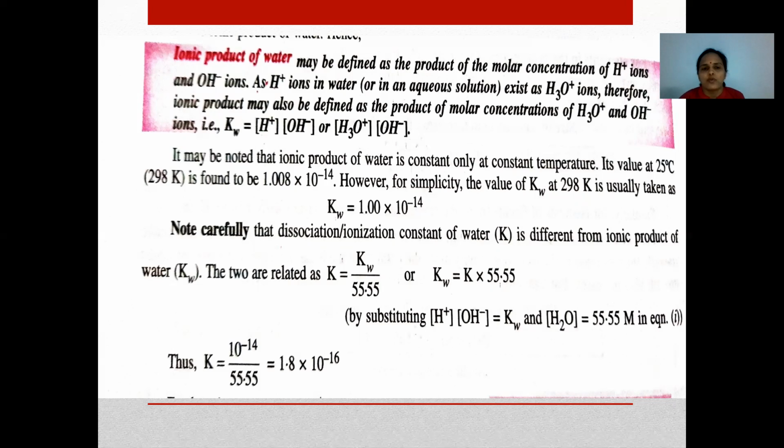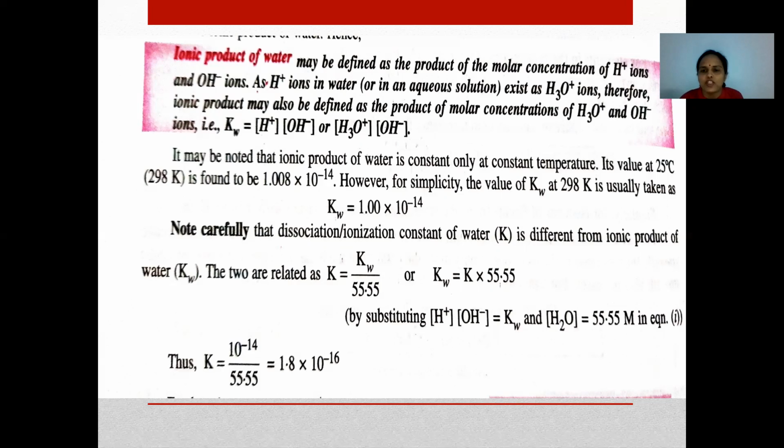It may be carefully noted that the dissociation or ionization constant of water is different from the ionic product of water. The two terms K and Kw are two different terms. K equals Kw upon 55.55, or Kw is equal to K into 55.55.